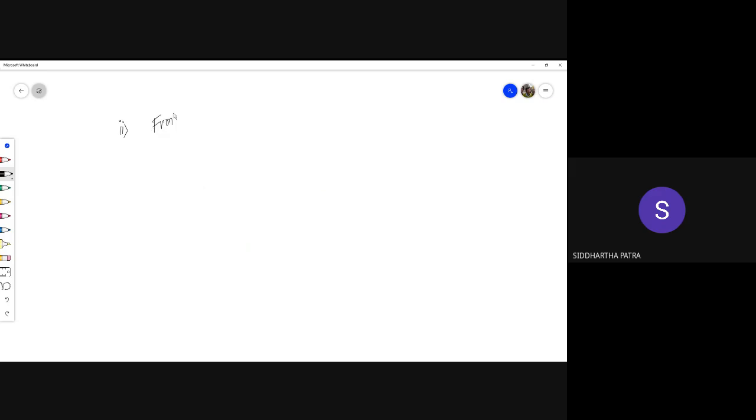It says frontal line CD, C having a coordinate this much and inclined 30 degrees upward right. Okay, so you can draw your sketches.